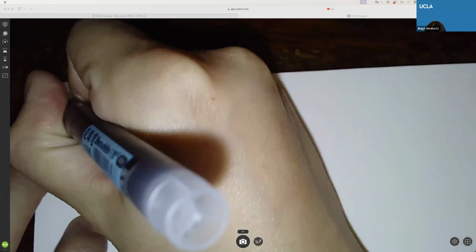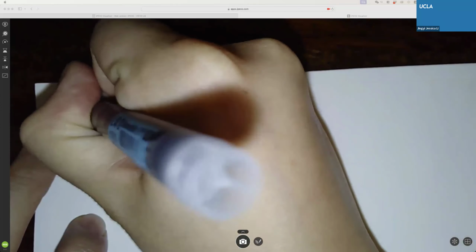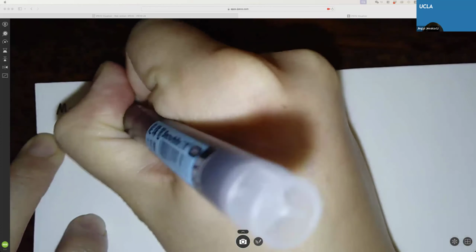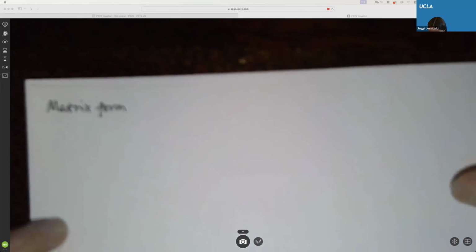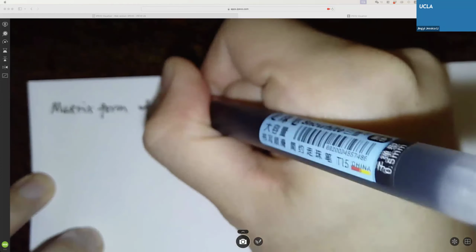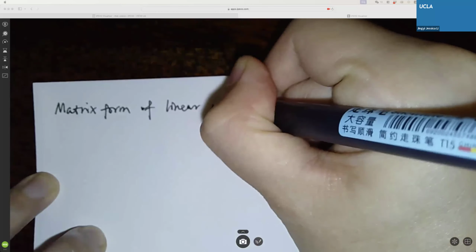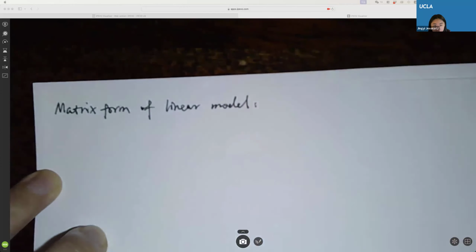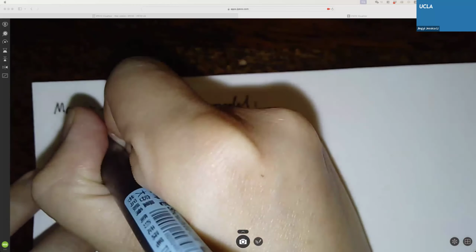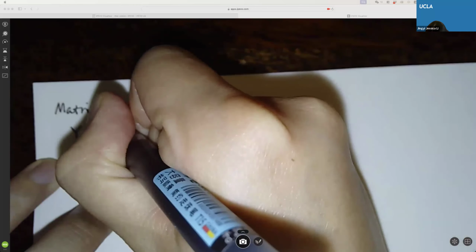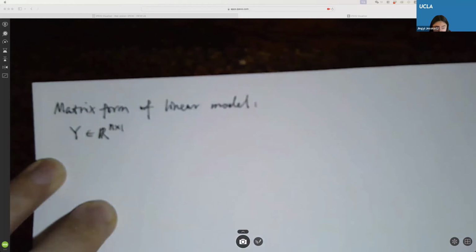We basically introduced the matrix form of linear model. And we introduced the response y as n-dimensional vector, right?